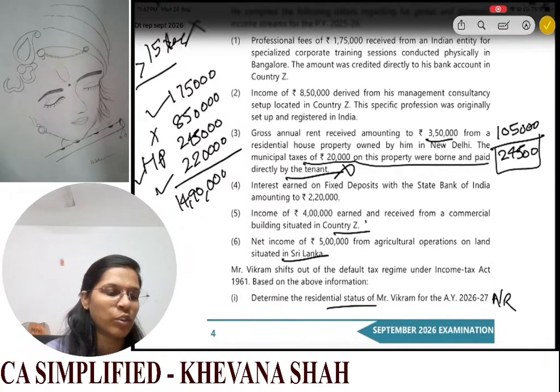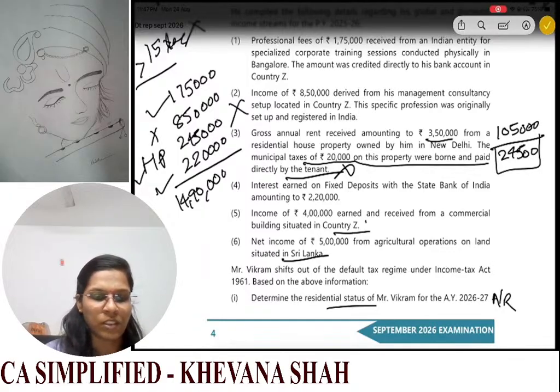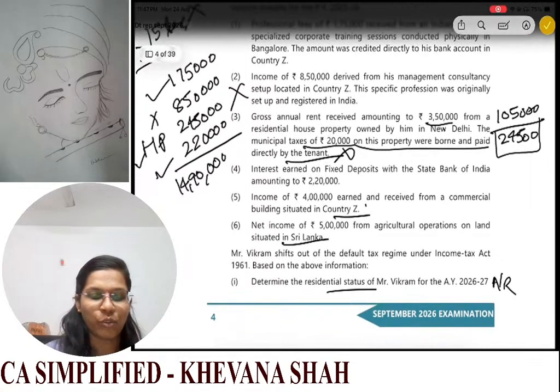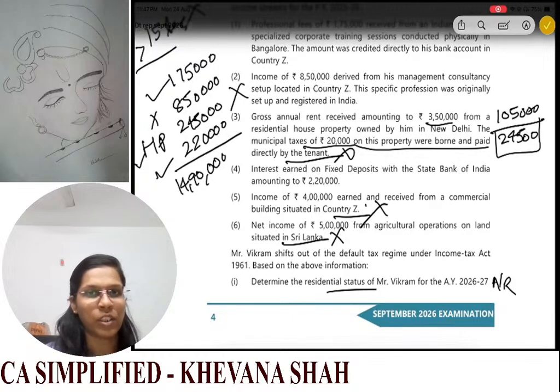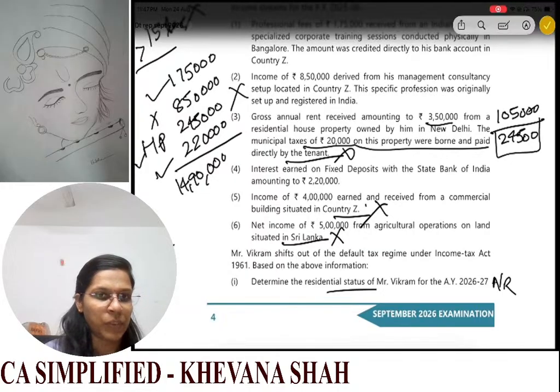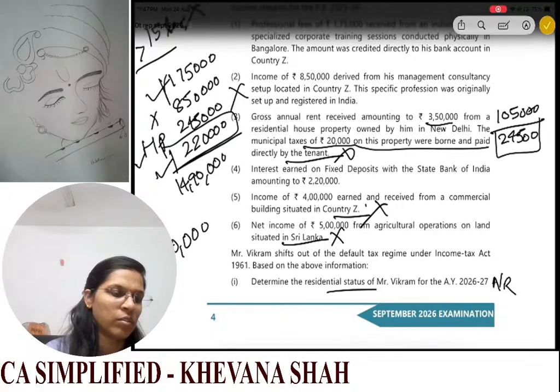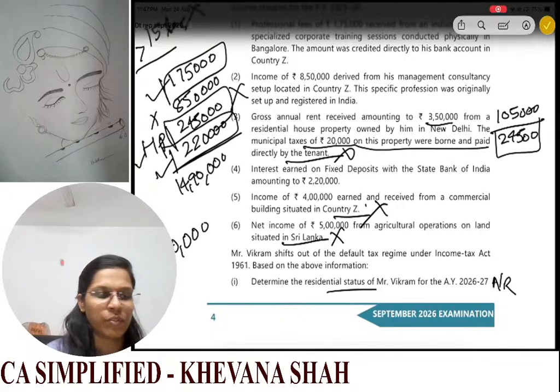Now this is your foreign consultancy income. Okay. See, foreign consultancy income. Then you have this Sri Lanka income. Alright. So your total income will be 6,40,000. These 2,20,000, 1,75,000 and 2,45,000.